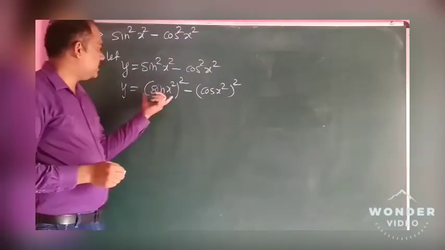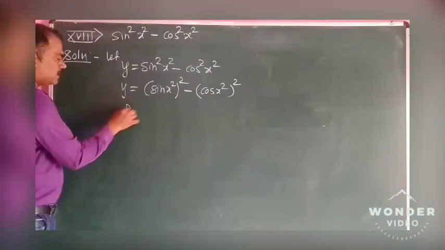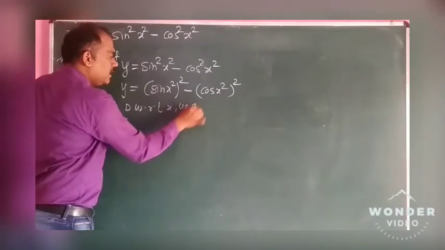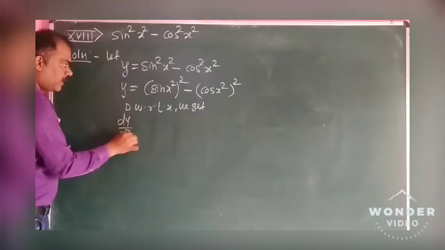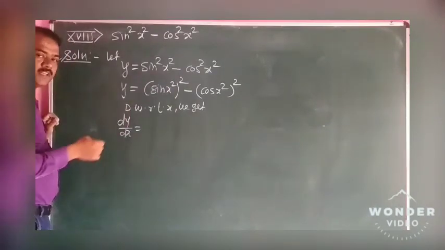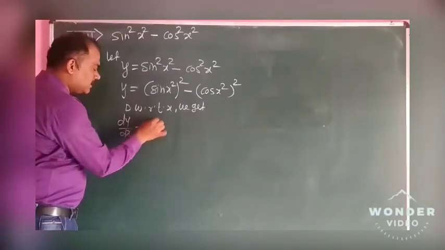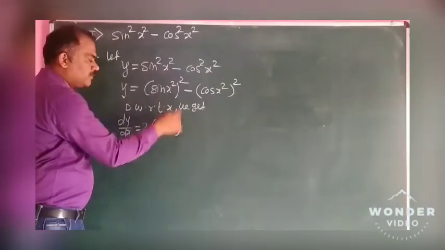When we write like this, we can easily use the power function formula. Differentiate with respect to x, we get dy by dx. First we have to keep the finger on this power. By using the power function, write the power as it is into sin of x square. We have to subtract 1 from this power.